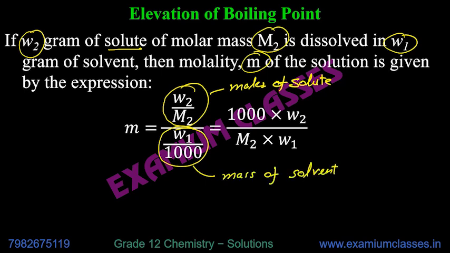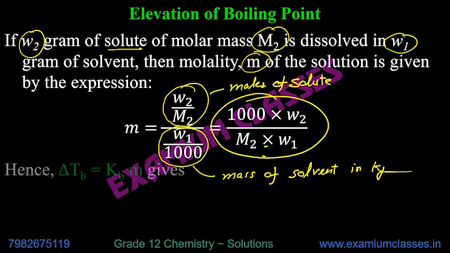Mass of solvent is W1, but in kg, it will be W1 divided by 1000. So from here, you get molality equals 1000 into W2 divided by M2 into W1. So this value you have got and you will be using it in that formula now.